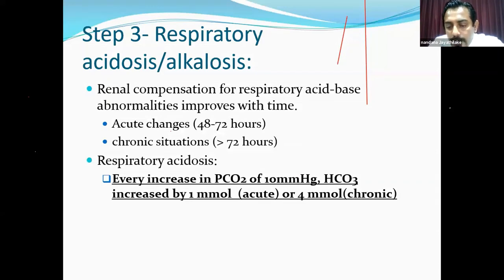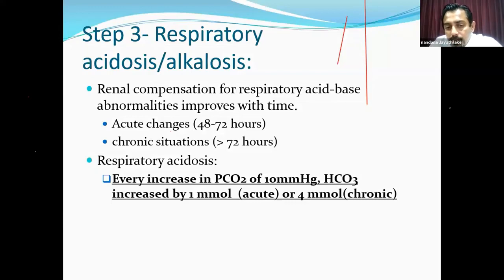If you go back to the equation, carbon dioxide diluted in water gives bicarbonate and hydrogen ion. When there is more carbon dioxide, it shifts the equation to the right side and produces bicarbonate.